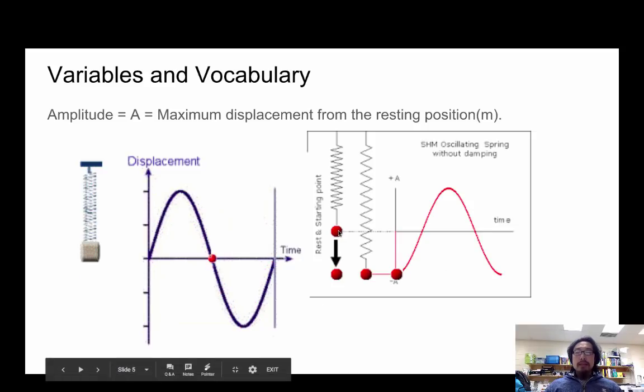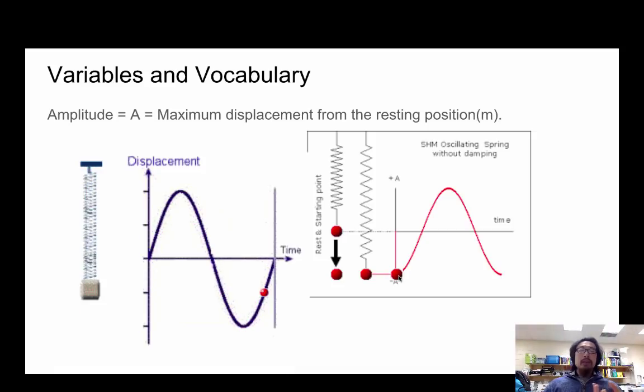We can also see the amplitude where we pull it down first, and so that's the maximum stretch, and then we release it, and when we release it, it springs all the way back up. And the important thing here is that the maximum displacement when you push or when you pull, it will always be the same in a theoretical situation.